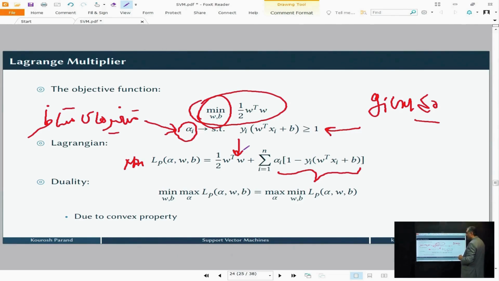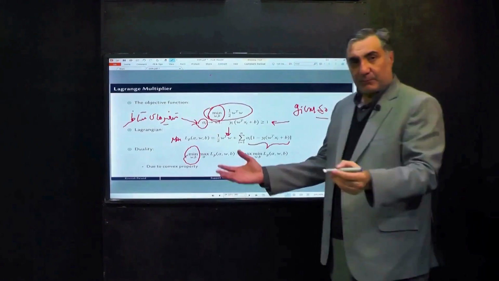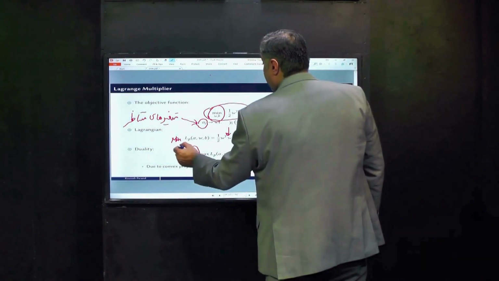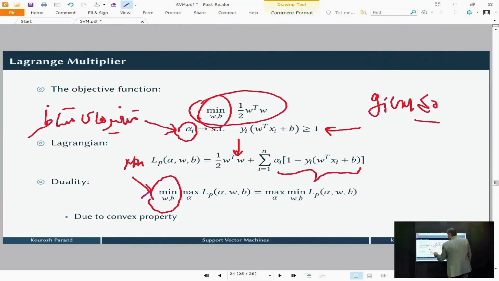This is exactly the form you use when minimizing over w and b. I already explained that you want to minimize the Lagrangian over w and b. And what do we want to do with alpha? Maximize. It's exactly in this form, and it's very clear too, because of the alphas.